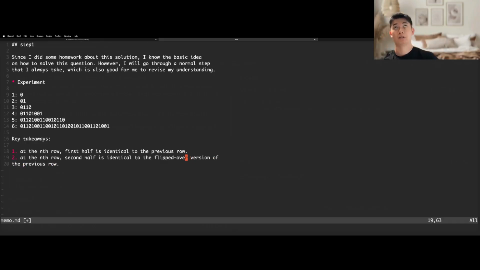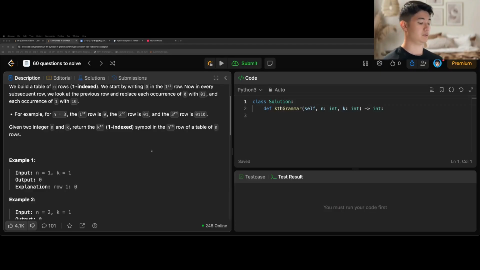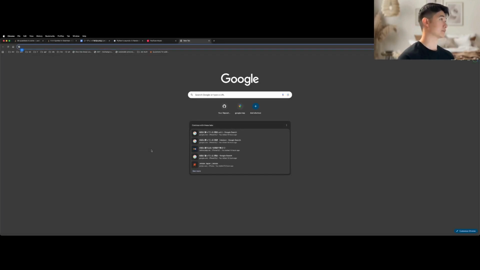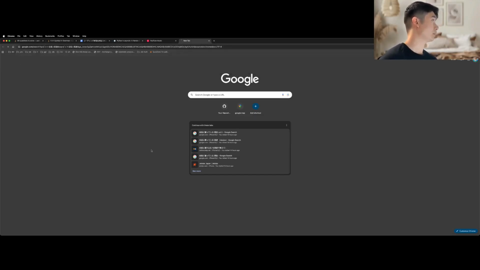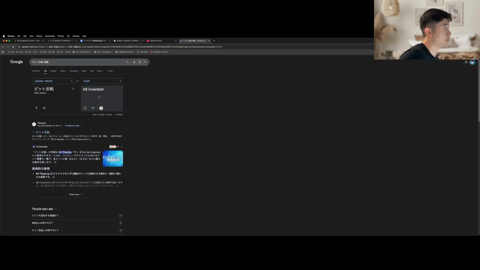I'm wondering how to say flip over in a more precise way. So it's like bit inversion, bit flipping.